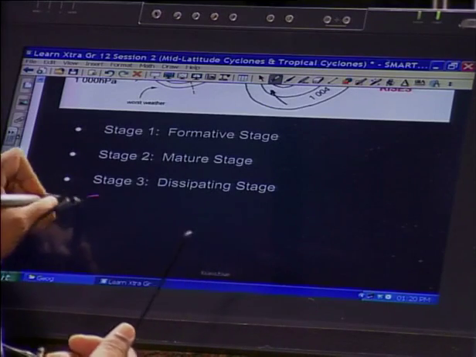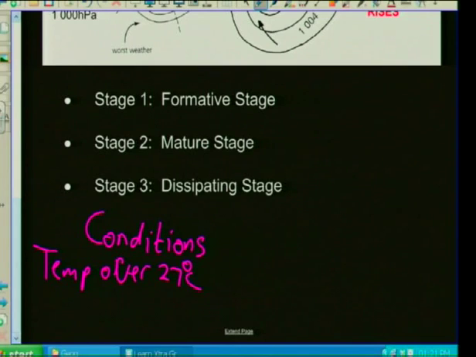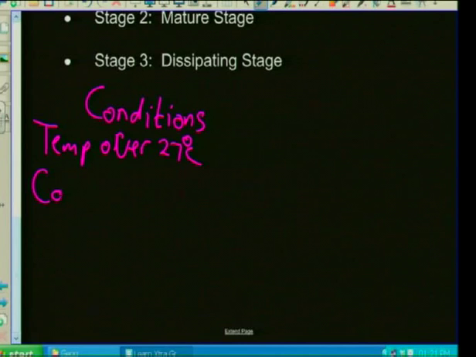For it to form, the conditions are: temperature over 27 degrees Celsius, so it must be quite warm. I'm aware that some books talk about 26.5. It doesn't really matter; if we put in 26.5 or 27, it's still fine. We will mark it correct. So that is one condition. The second condition: calm conditions.